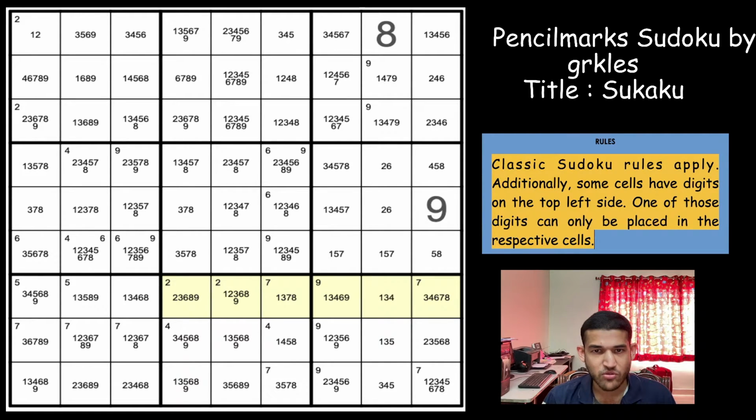So let me go above now. 5 is in these 3 cells. 5 can't be here. Okay. So what I'm noticing in row 5 is 5 is either in this cell or this cell. And now I'm going to look for a pattern.